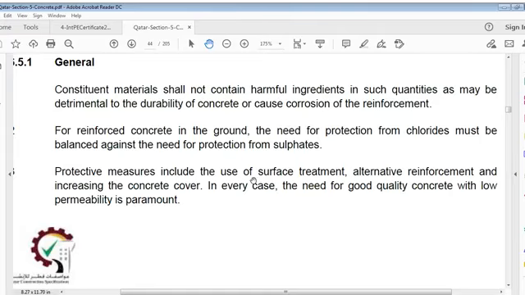For reinforced concrete in ground, need for protection from chlorides must be balanced against need for protection from sulfates. Protective measures include use of surface treatment, alternative reinforcement, and increasing concrete cover. In every case, need for good quality concrete with low permeability is paramount.